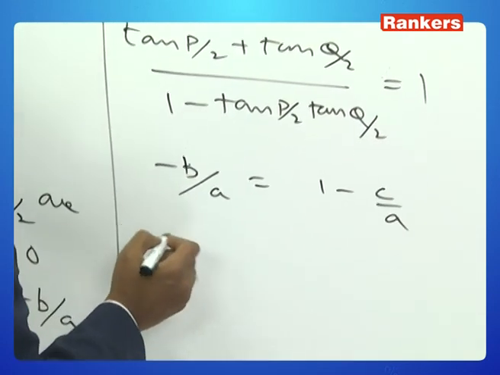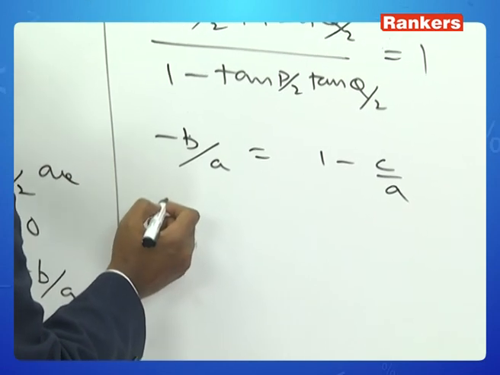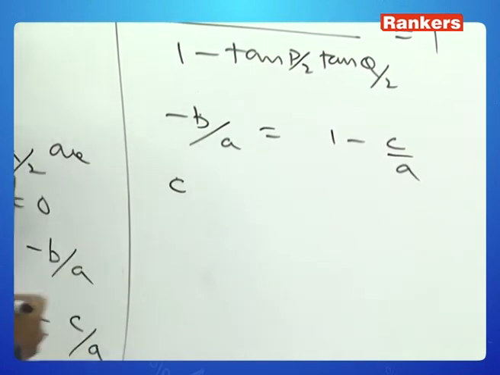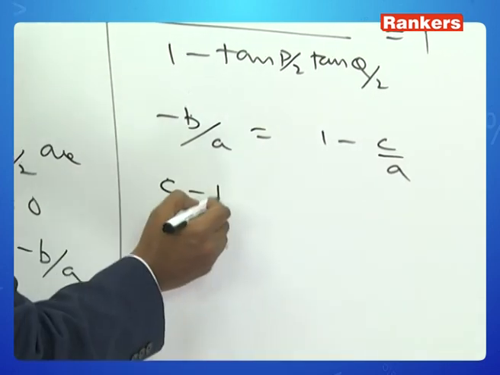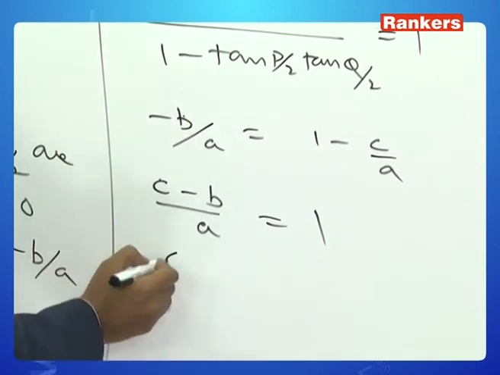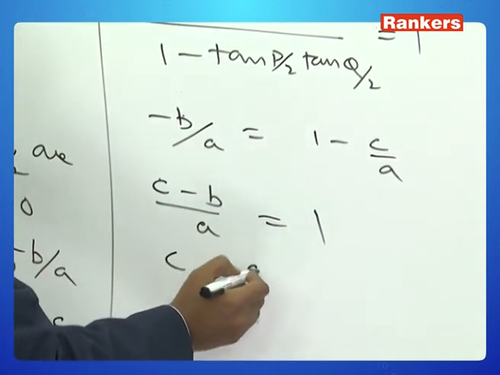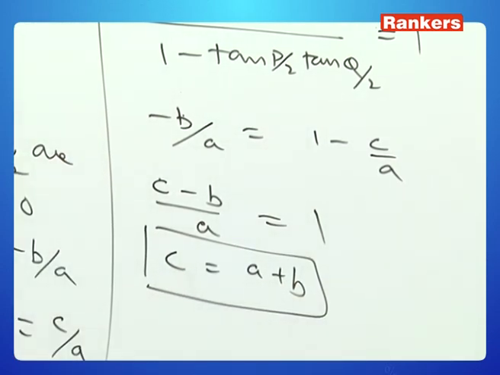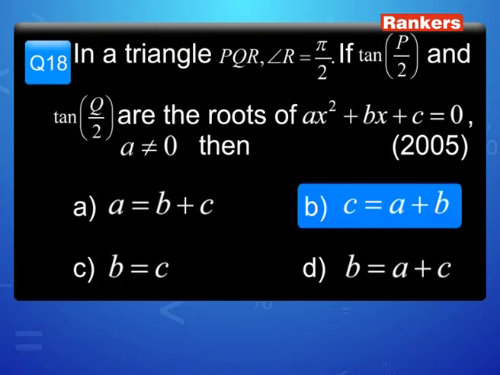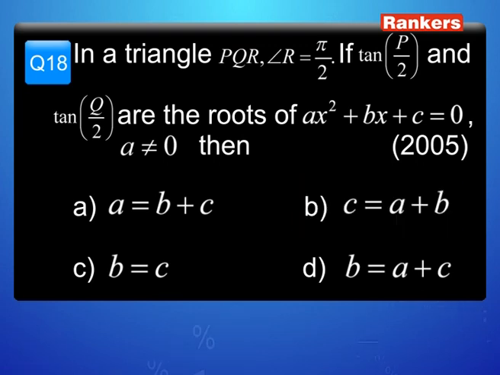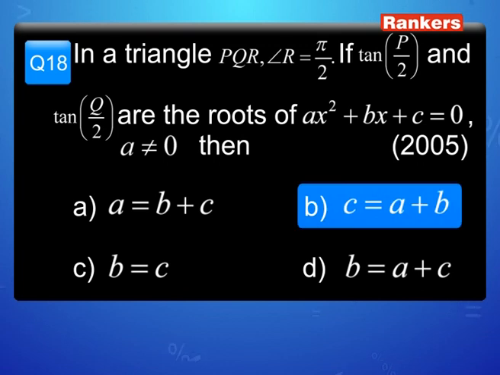It's clear then that we have minus b by a is equal to 1 minus c by a, or c is equal to a plus b. C is equal to a plus b. So the answer is clearly B. Option B is the right answer there.